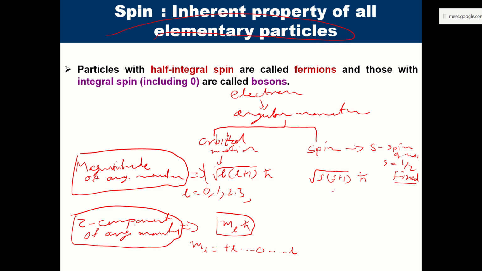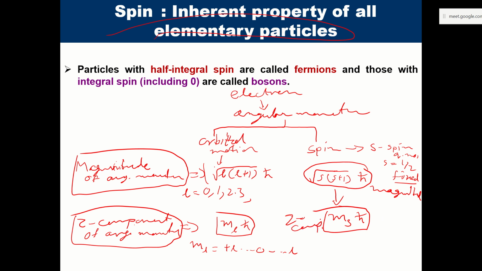This will be the magnitude, and this one, ms h cross, will give you the z component of the angular momentum.